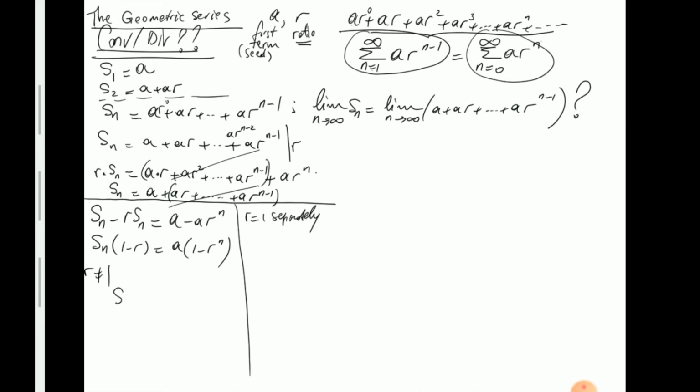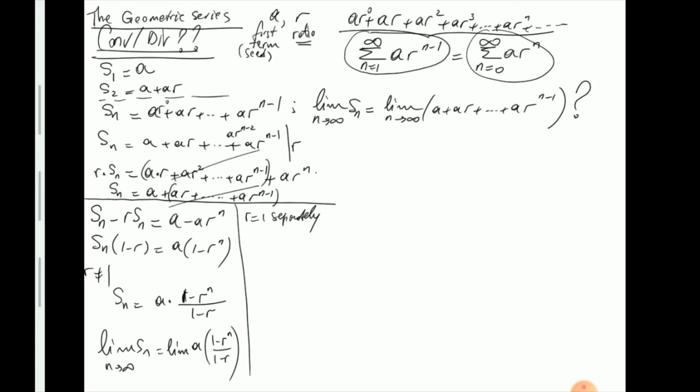That gives me Sn equals a times 1 minus r to the n over 1 minus r. So it all boils down to finding the limit of Sn, which is the limit of a times 1 minus r to the n over 1 minus r.